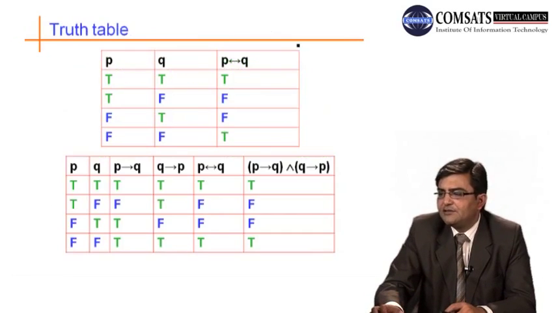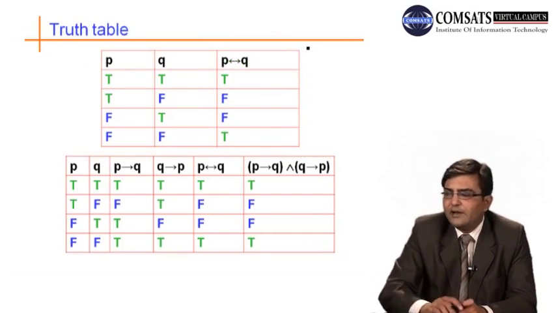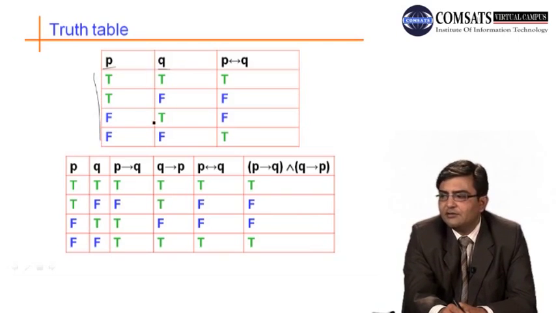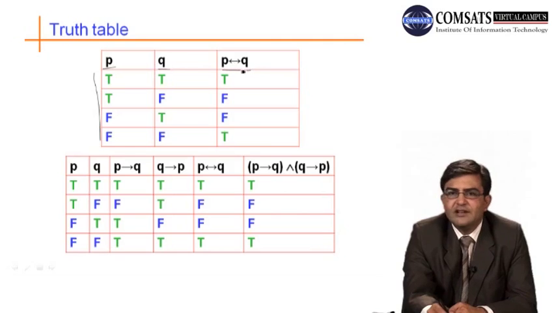For example, if we see the truth table of the biconditional, it can be written as follows. We have P and Q, two compound propositions, the truth values of P are given by this and the truth values of Q are given by this. Now, P biconditional Q, we read it as P if and only if Q. If P is true and Q is true, then it is true.